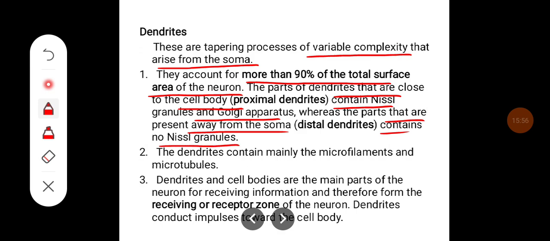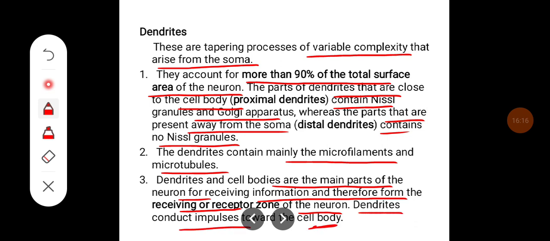The dendrites contain mainly the microfilaments and microtubules. The dendrites and cell bodies are the main parts of the neuron for receiving information, and therefore they form the receiving or receptor zone of the neuron. The dendrites conduct impulses towards the cell body.